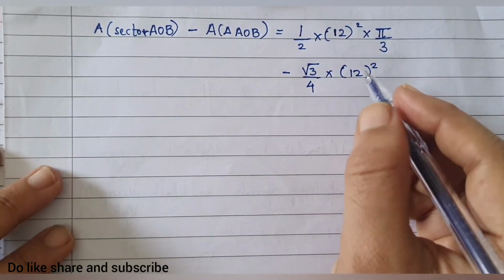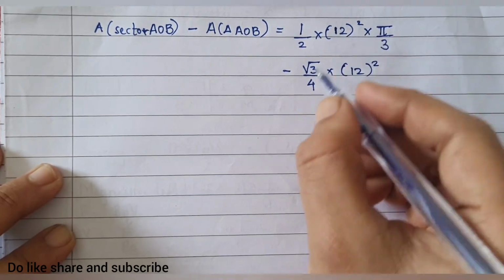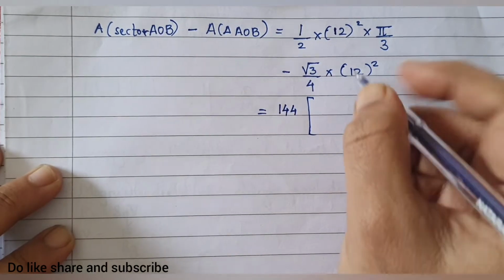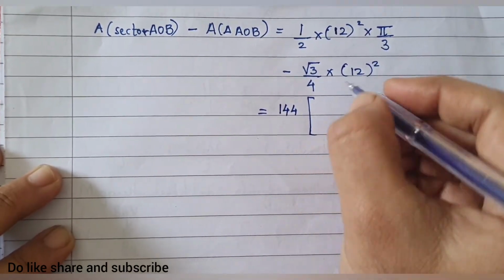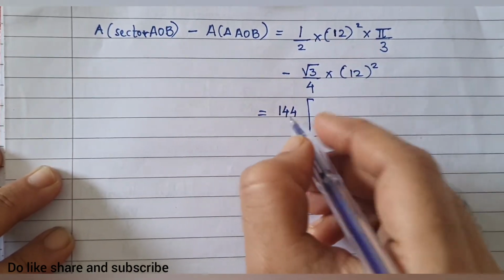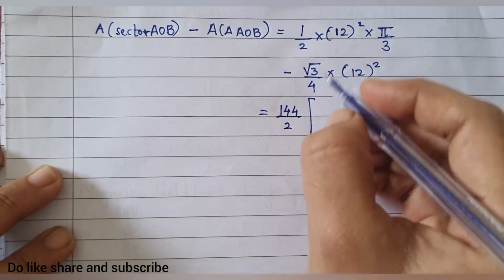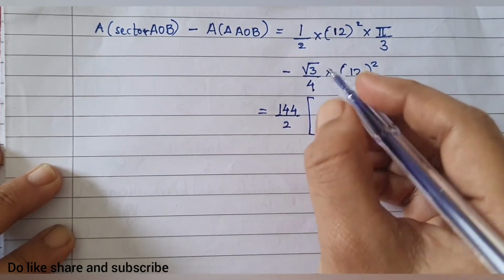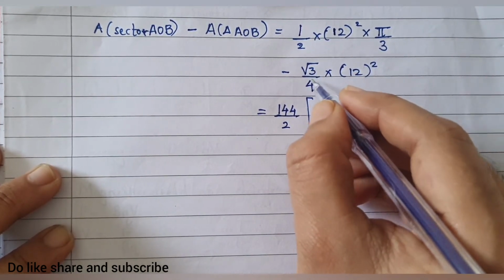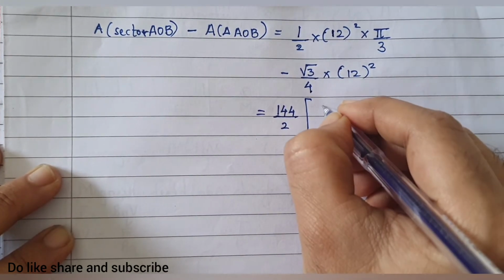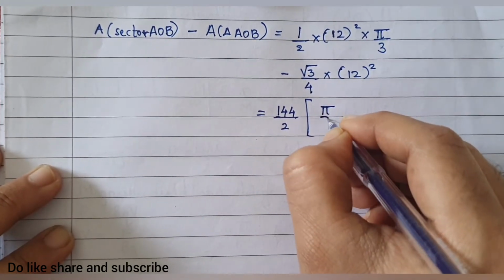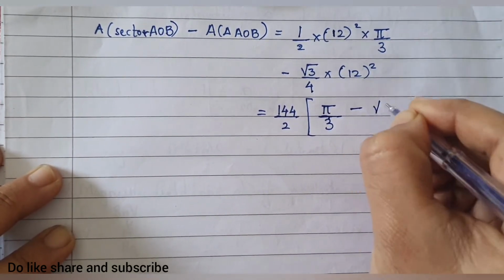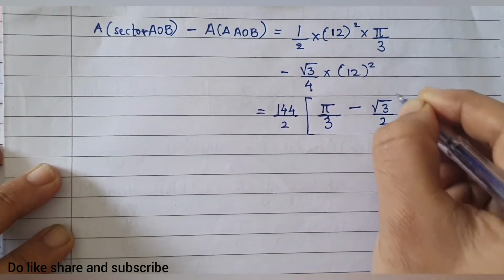You can do it easily. 12 square is 144, which we take out of this equation as it is common to both, and we'll also take 1 by 2 common, as this is 1 by 2 and this is 1 by 4, so it will be left with root 3 by 2. So we have now pi by 3 minus root 3 by 2.